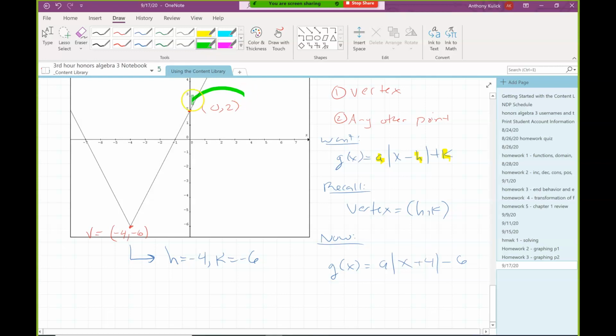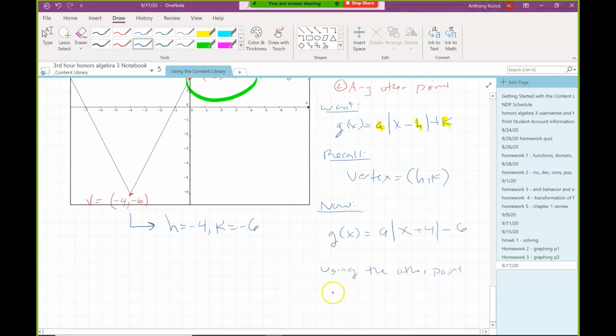What we still haven't used is this other point, x comma g of x. So if I plug those in, I now have an equation with just one variable in it that I can solve for a.